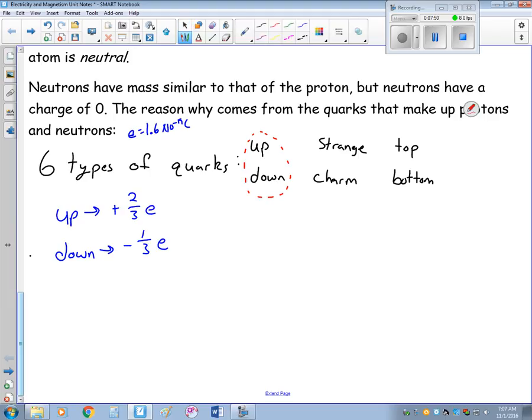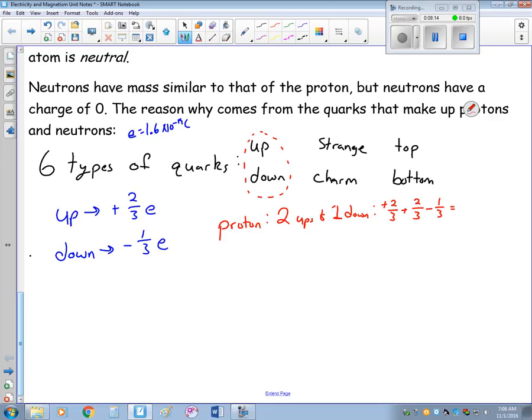Now a proton then is made up of 2 ups and 1 down. So if I take a look at the charges, that's going to be positive 2/3 plus 2/3 minus 1/3.